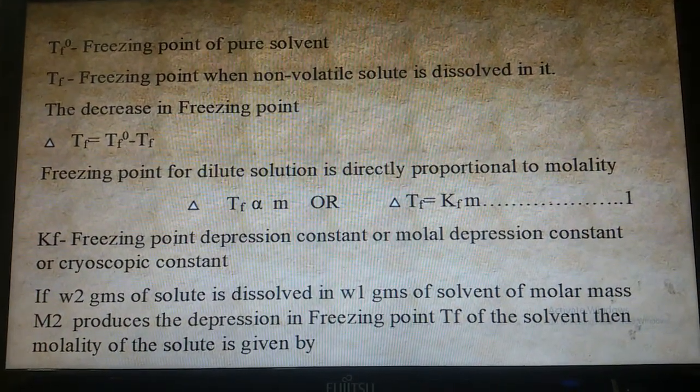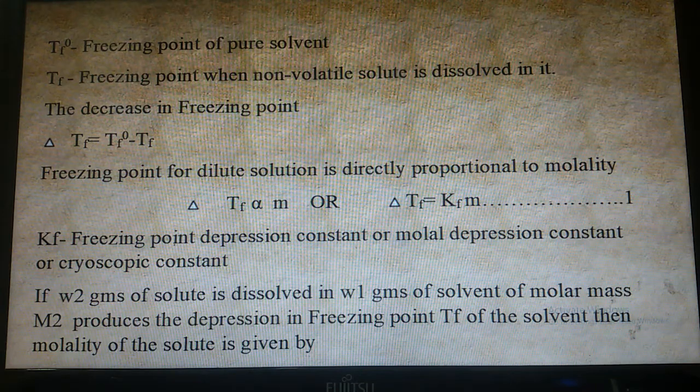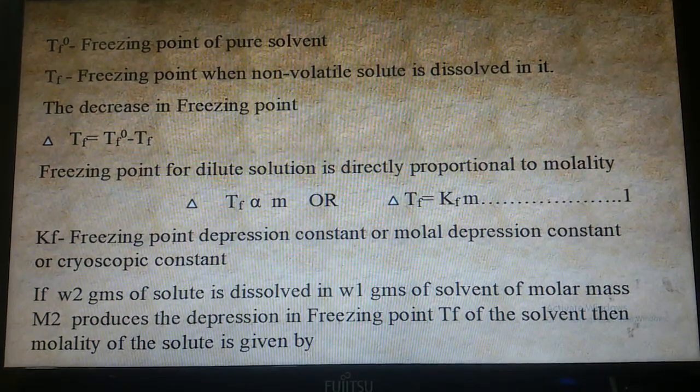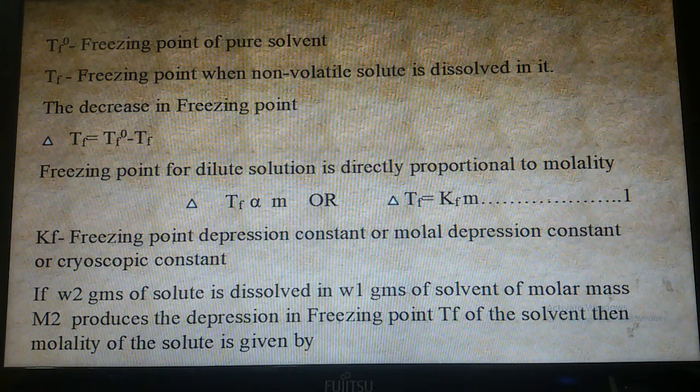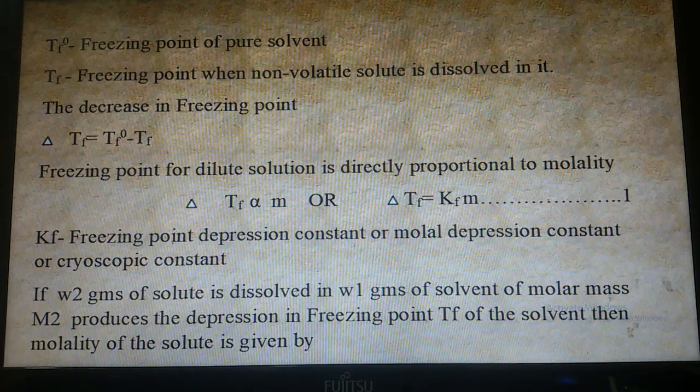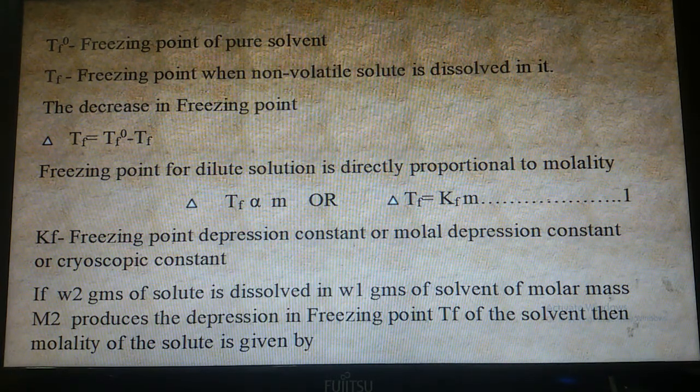Let T0 be the freezing point of the pure solvent. Tf is the freezing point when a non-volatile solute is dissolved in it. The decrease in freezing point, delta Tf, is equal to T0 minus Tf. The depression in freezing point for a dilute solution is directly proportional to molality.